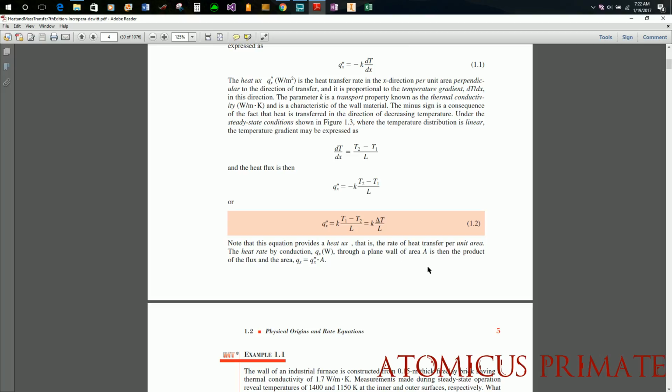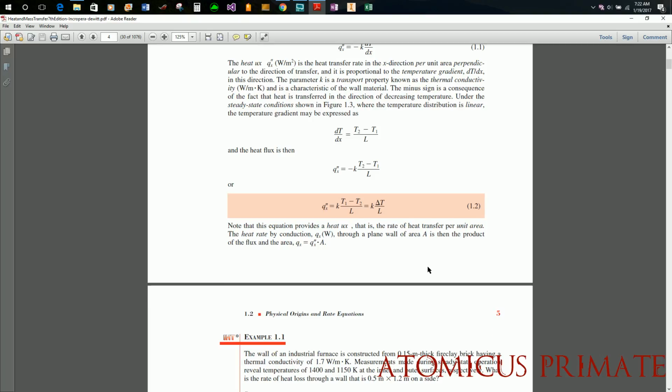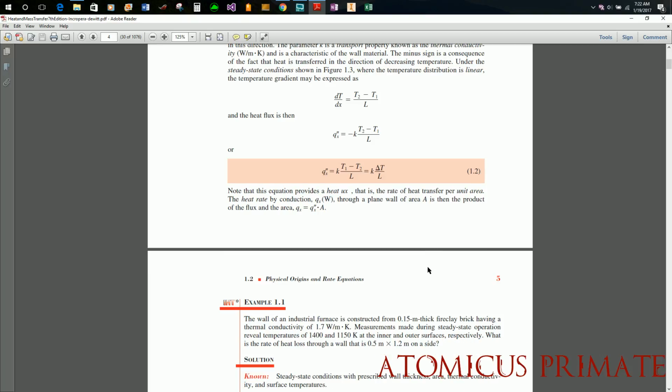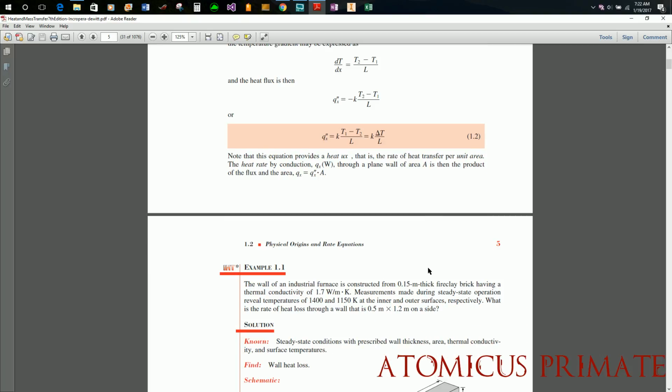The heat rate by conduction, q sub x in watts, through a plane wall of area A is then the product of the flux: q sub x equals q double prime sub x dot A.